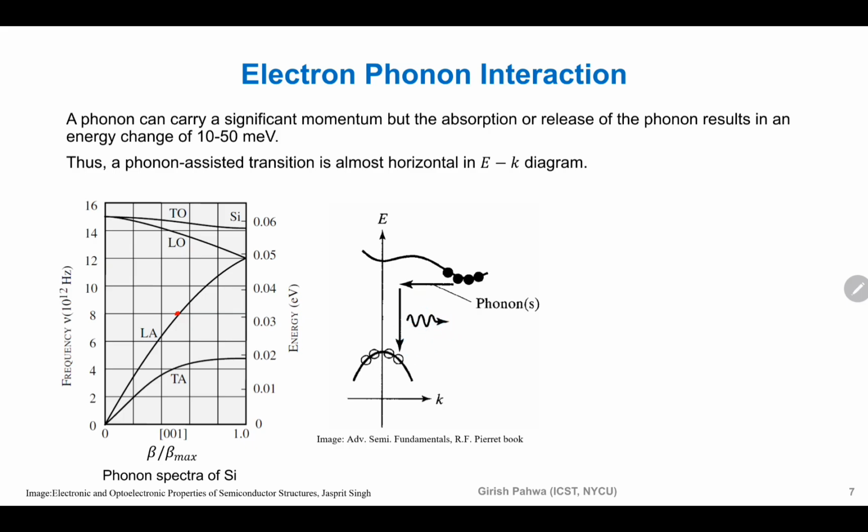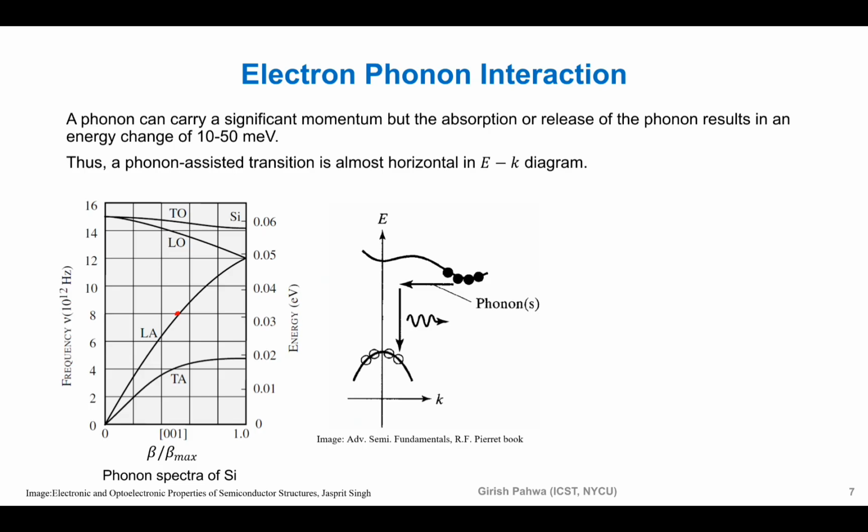So it's a two-step process. First, electron has to find a phonon which can change its momentum. Then after the momentum of the electron changes, it has to release a photon, and then it will come back to the valence band.